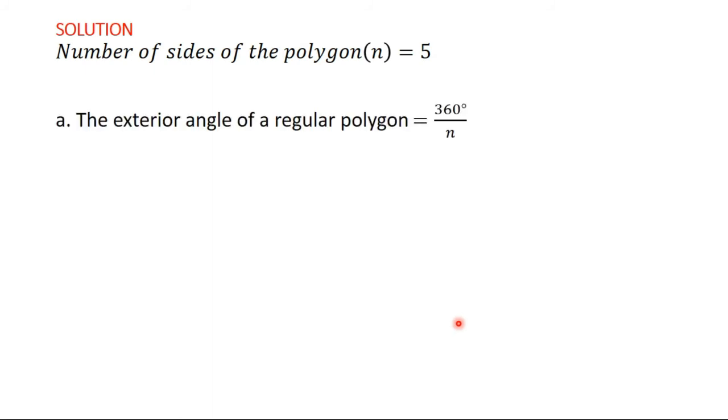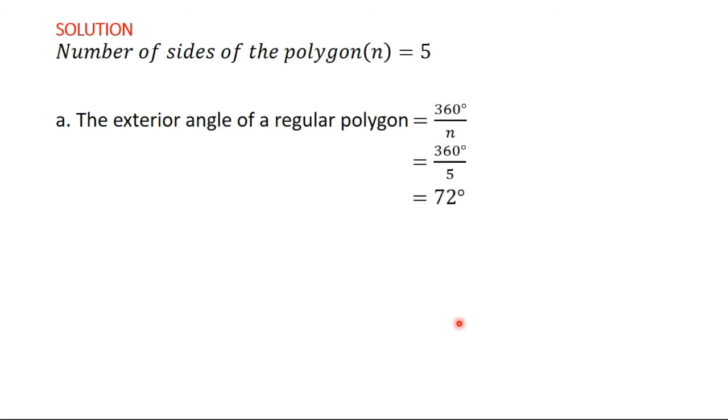The exterior angle of a regular polygon is given by 360 degrees divided by n. Once again, this is different from the sum of the exterior angles, which is 360 degrees. Here we are supposed to find the exterior angle, which means that it's asking for one exterior angle. And because the polygon is a regular polygon, it's given by 360 degrees divided by n. So we replace n with 5, and we are getting 72 degrees.